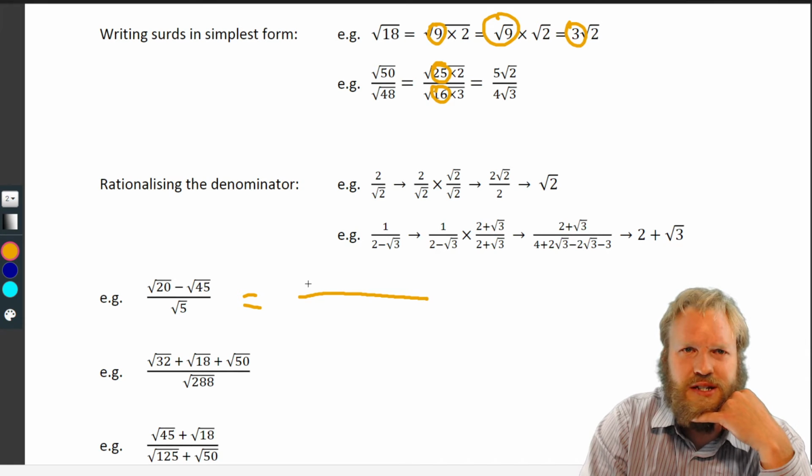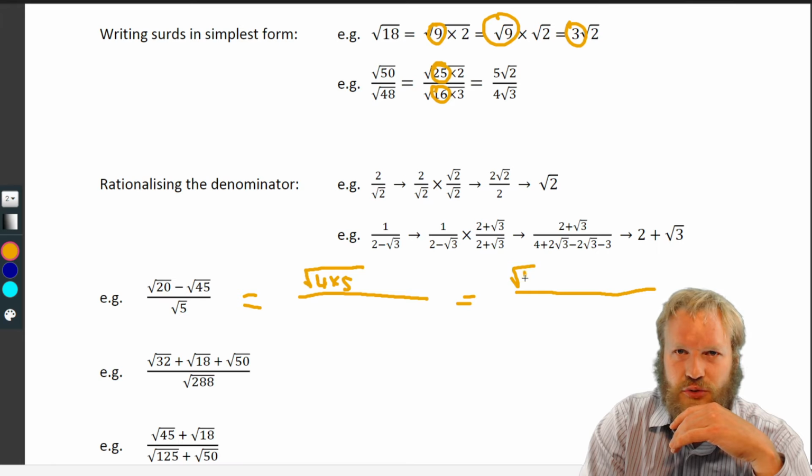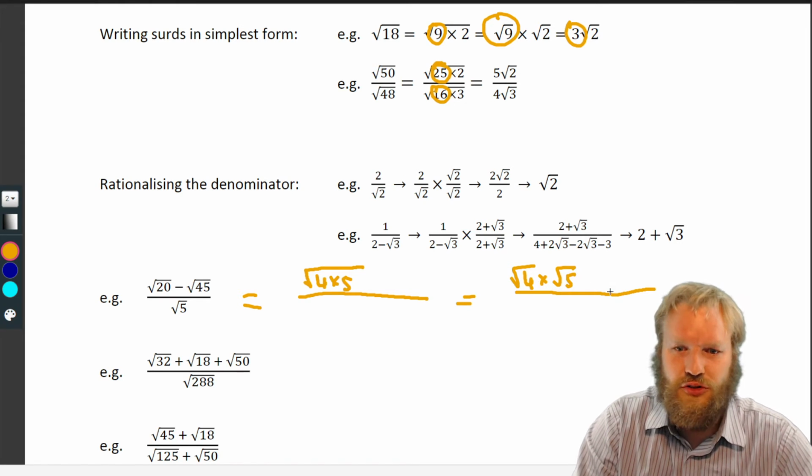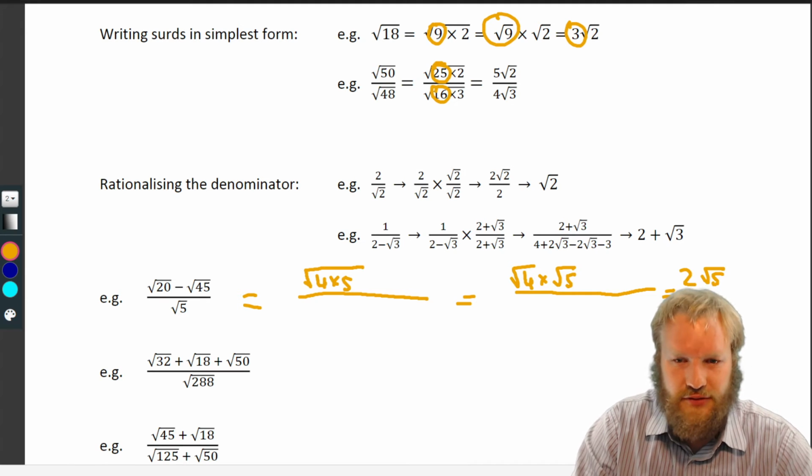So 20 we could write as the square root of 4 times 5. And just focusing on that part, we could write it as the square root of 4 times the square root of 5. That's what our surd laws tell us. Which means the square root of 4 is just 2, so that's 2 square root 5.